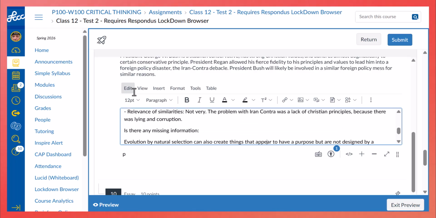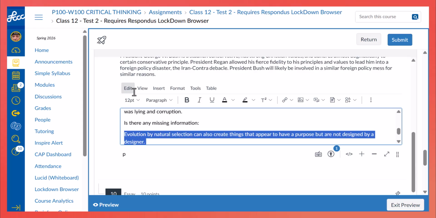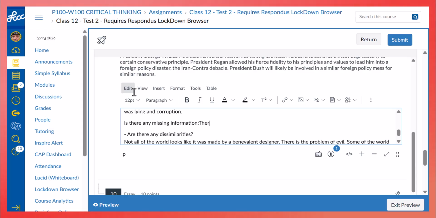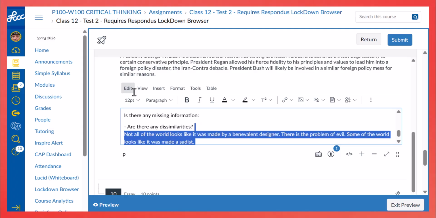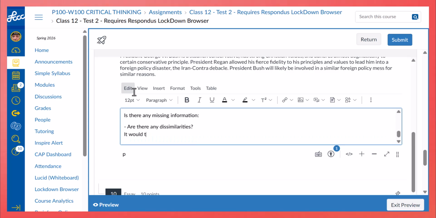Okay, is there any missing information? Yeah, plenty. It would take a very long time to catalog all the differences between Reagan and Bush.